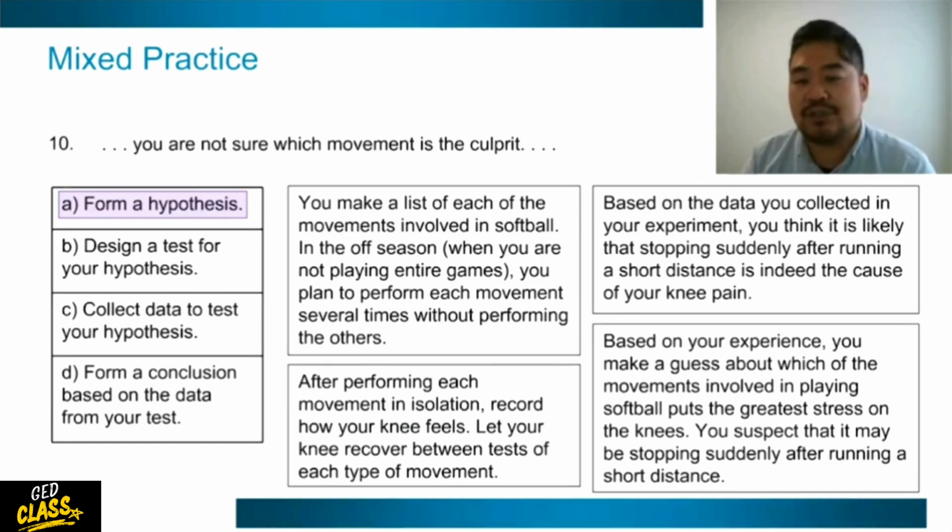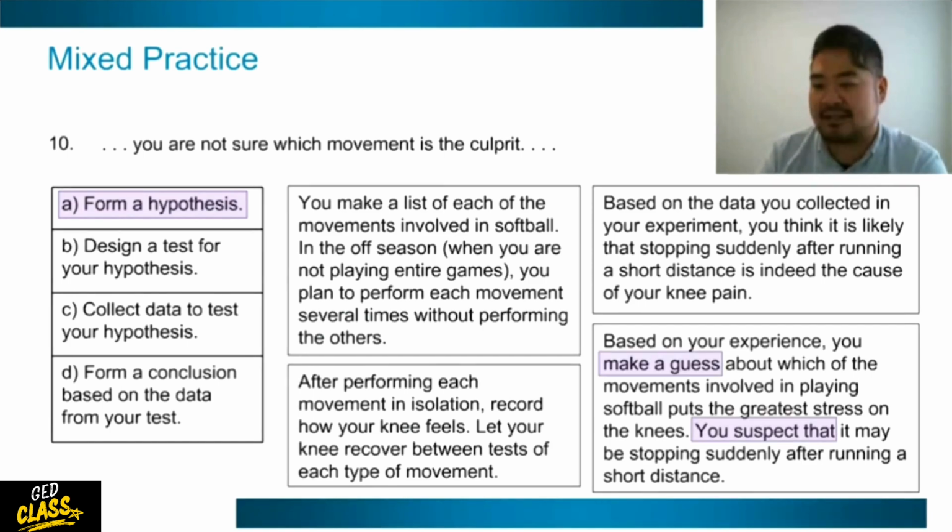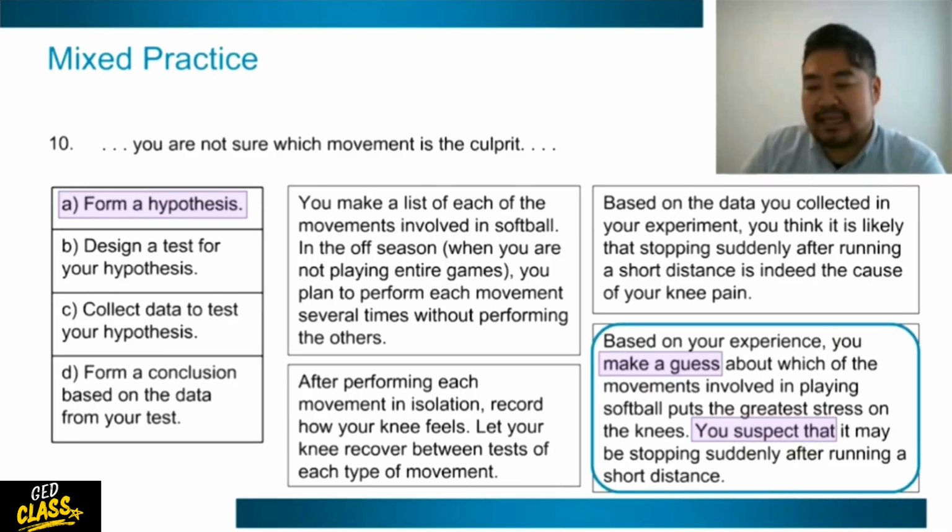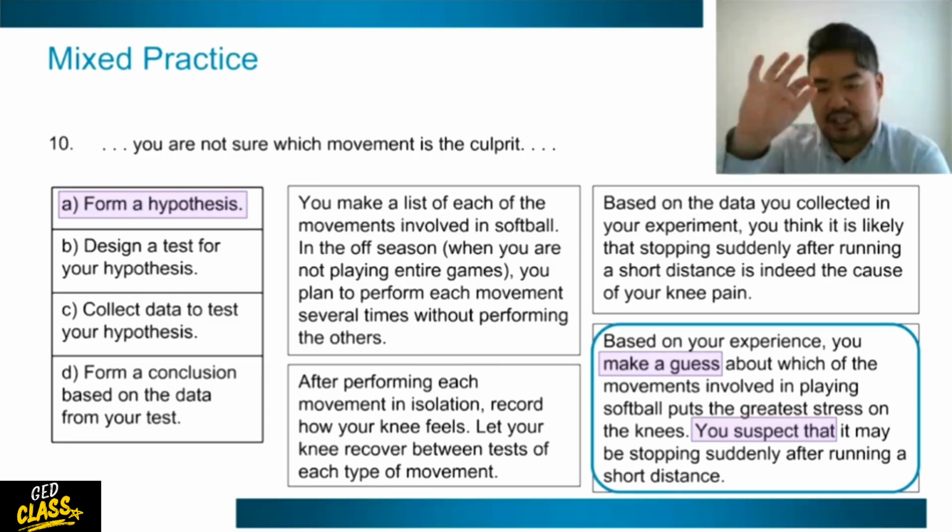Which of those statements is going to be our educated guess, our hypothesis? And notice here, we have it in that statement over there. You make a guess about which of the movements involved in playing softball puts the greatest stress on the knees. You suspect it may be stopping suddenly after running a short distance. So you would match letter A with that particular statement.